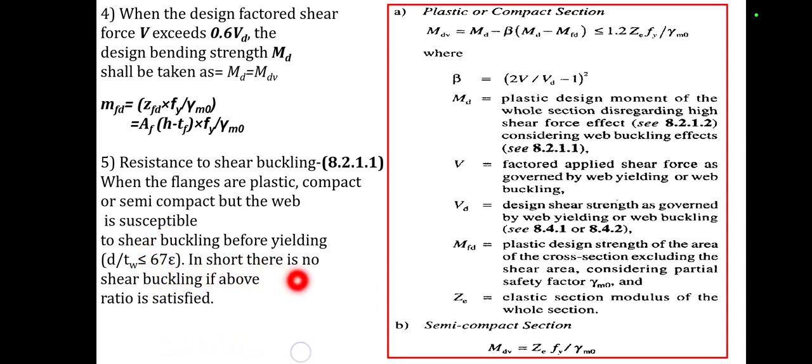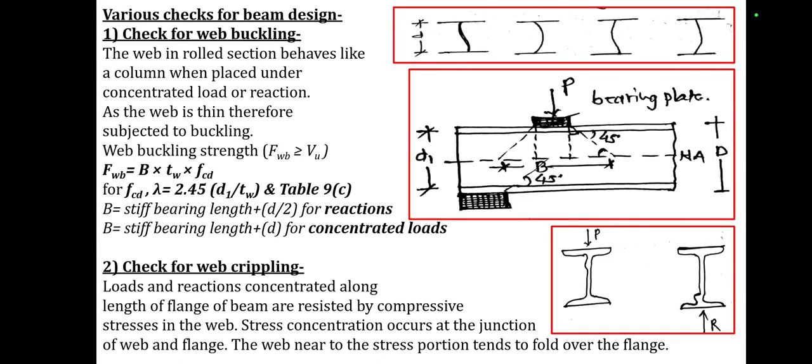In that case, there is no shear buckling. If the above ratio is not satisfied, the shear buckling will be occurring. Now we will learn how to check the beam for shear web buckling and web crippling.